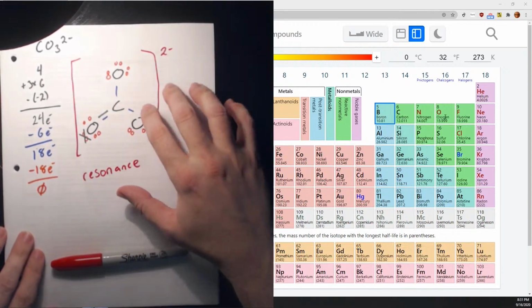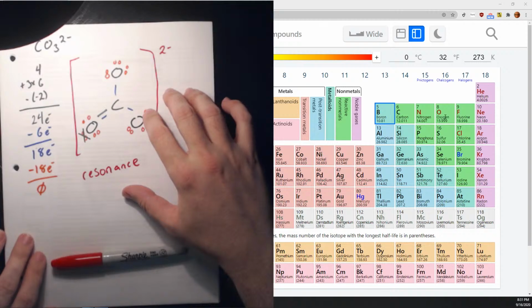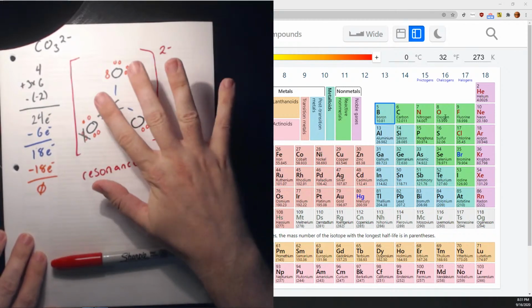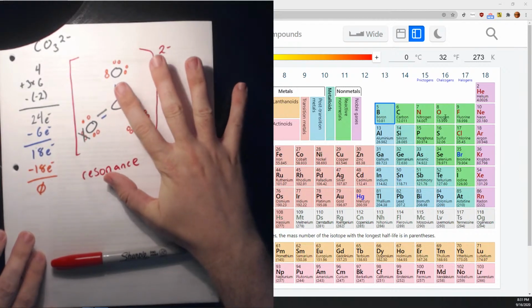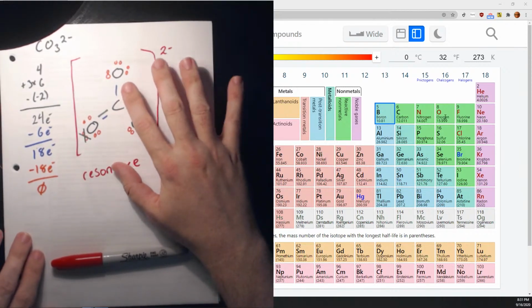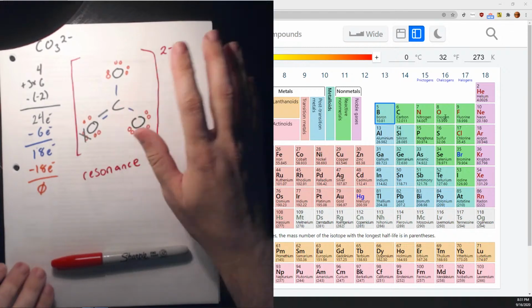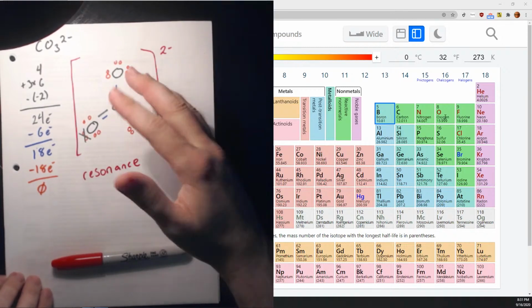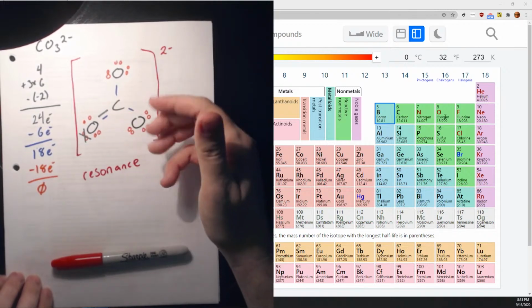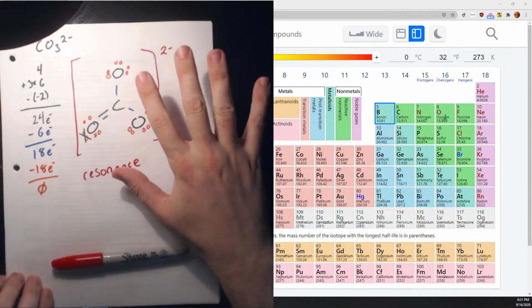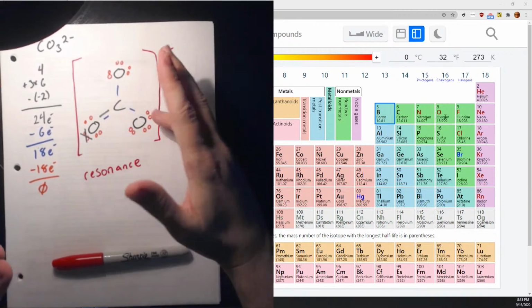So resonance means that this bond exists in all 3 locations at the same time. Remember when I talked about electrons at some point, when an electron, if you walk into a room and you see 5 empty chairs, you sit in one of the chairs and that's it. When an electron walks into a room, if it sees 5 empty chairs, it'll sit in all 5 chairs at the same time because that's how they roll.